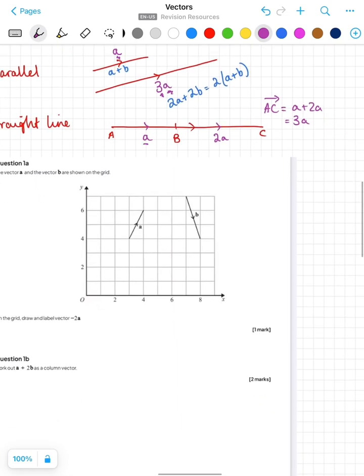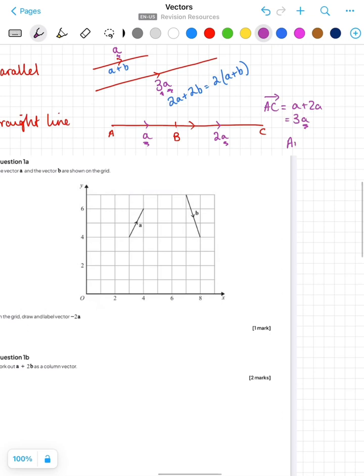So again, they will all have the same vector quantity as they're all travelling in the same direction, but they just may be different multiples of that. But what you'll notice is that they will sum. So A to B plus B to C will add to give us A to C.